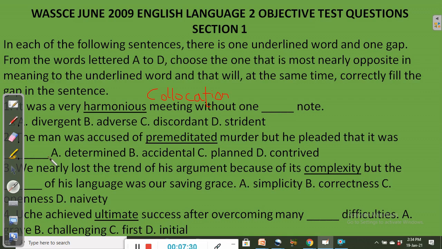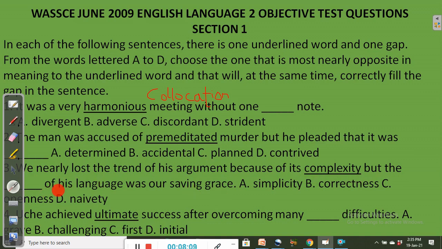Sometimes you discover that a soldier or a police officer might not have had intention to kill someone, but what is called accidental discharge may have occurred, and then the bullet kills someone. And sometimes it could be the case of what is called a stray bullet. These are all cases of accidental killing of someone. Then question number 3. We nearly lost the trend of his argument because of its complexity.